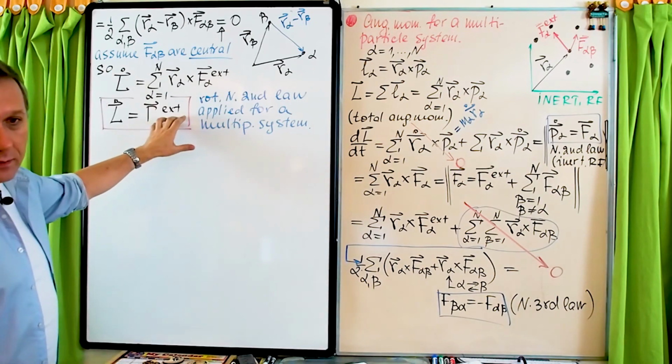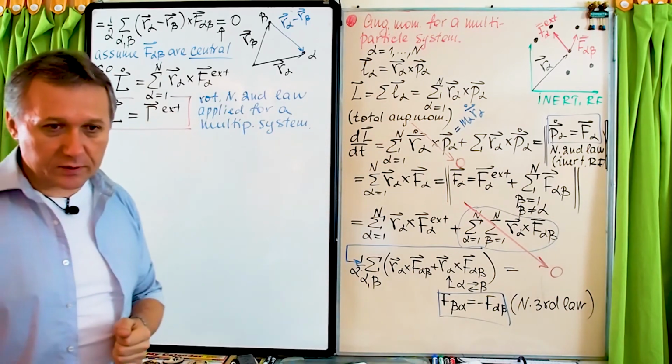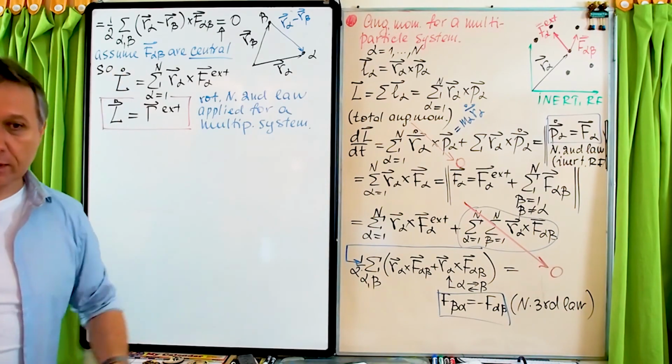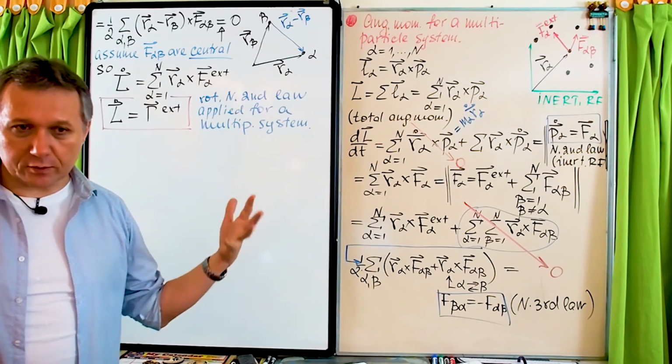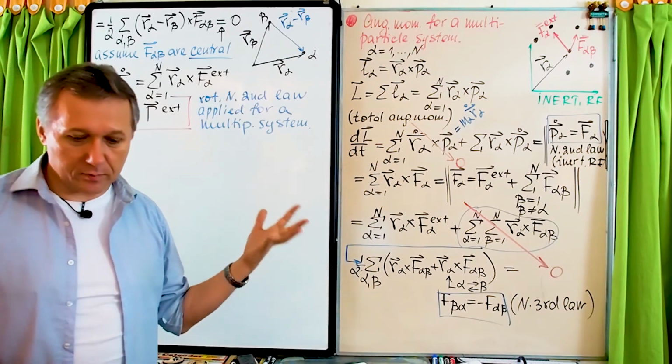So if the net external torque acting on the system is 0, then the total angular momentum, of course, is conserved. So we're getting conservation of angular momentum.